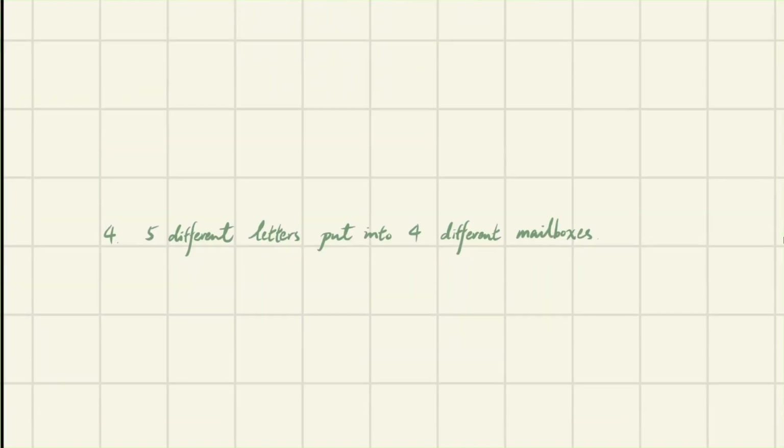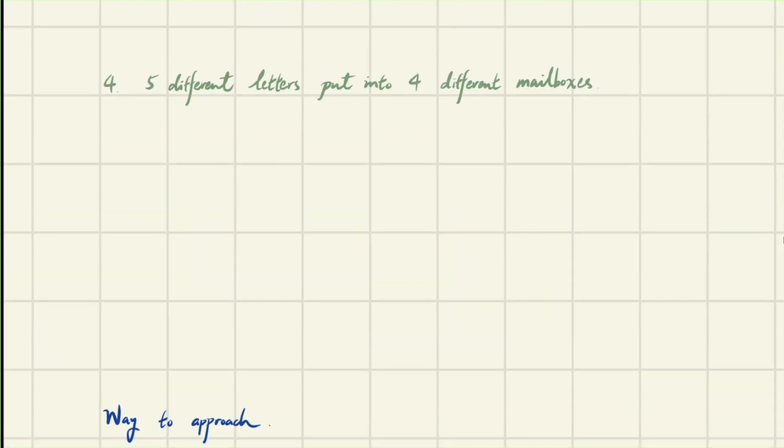For the fourth example: 5 different letters put into 4 different mailboxes. A mailbox can hold whatever letters, but one letter cannot be separated into 2 and put into different mailboxes.